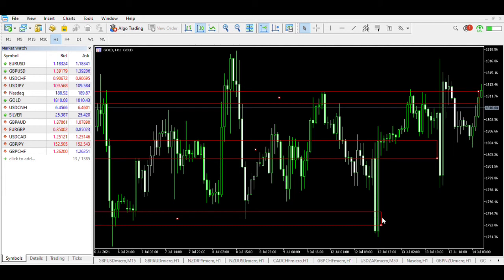But if price comes down and breaks this area of support here and comes back to retest, then we would be entering a sell, because we would be anticipating that price is going to move down.